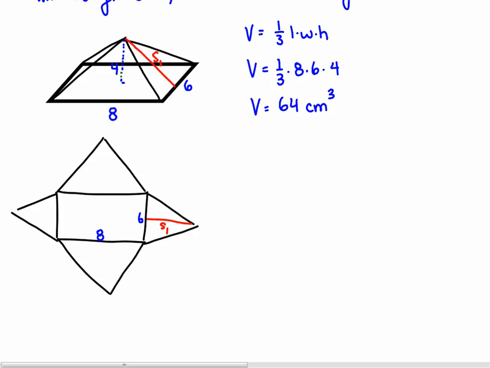There's also the slant height for this one, I'll call it S2, the one in front. This slant height here, S2. So we have 2 different right triangles that we need to figure out slant heights for.